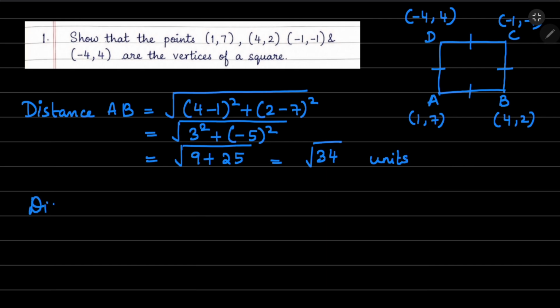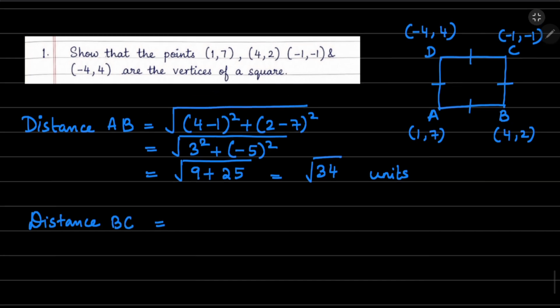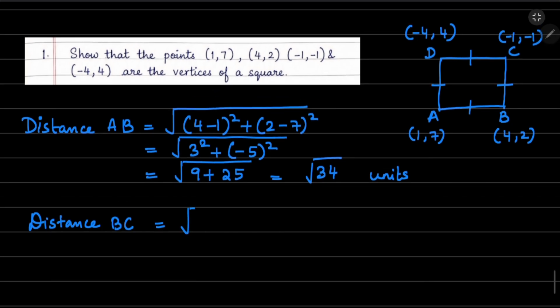Now, let us calculate the distance between B and C. The same way we can calculate root of minus 1 minus 4 the whole square plus y2 minus y1 the whole square.